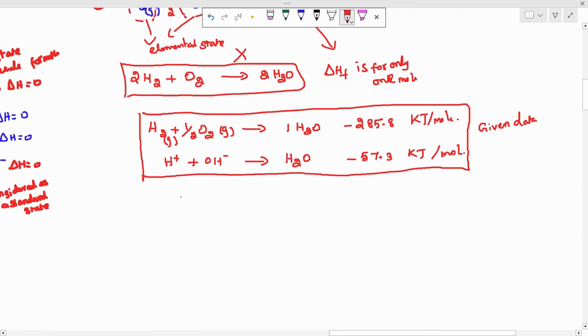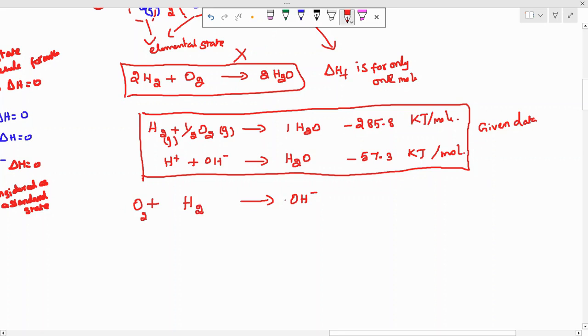They are asking the OH minus formation reaction enthalpy. So OH minus will be formed from the elemental state. Whenever you are considering the formation enthalpy, you should form that ion or molecule, anything, from the elemental state. So here oxygen and hydrogen are there. For oxygen, the elemental state will be O2. For hydrogen, the elemental state will be H2.